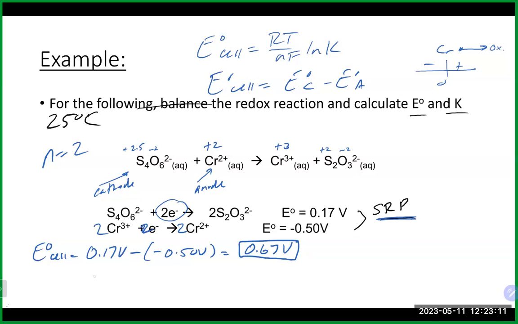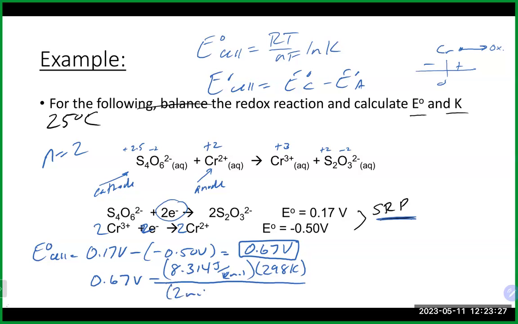So putting that in there, that's a 0.67 volts is equal to 8.314, which is our gas constant, Kelvin mole, and our 298 temperature divided by our 2 moles of electrons and our 96,500 joules per volt per mole. And that's going to equal our natural log of K, which is what we're looking for here, I believe.